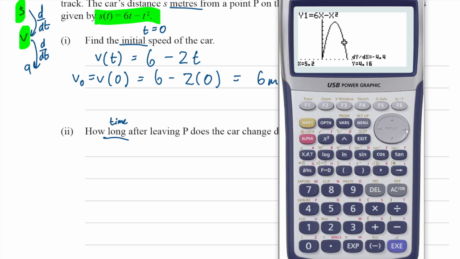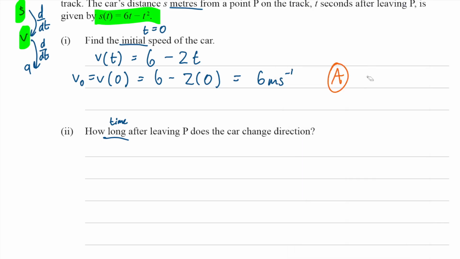The y value, or the distance, is decreasing. So just looking at this, I know that at 3 seconds, it is as far away as it will be before it changes direction and comes back. Cool.